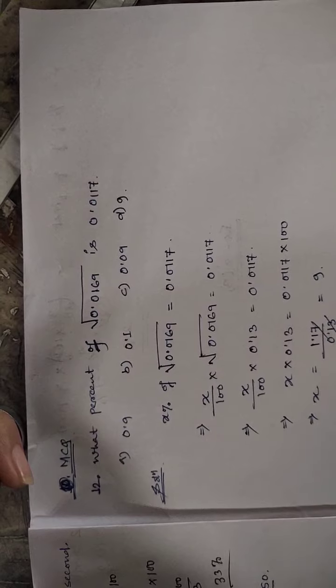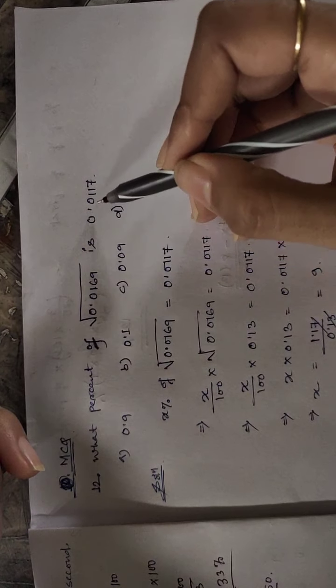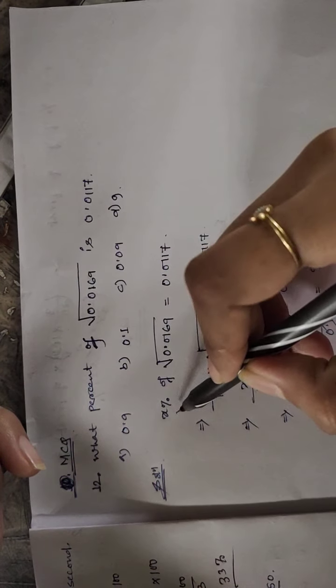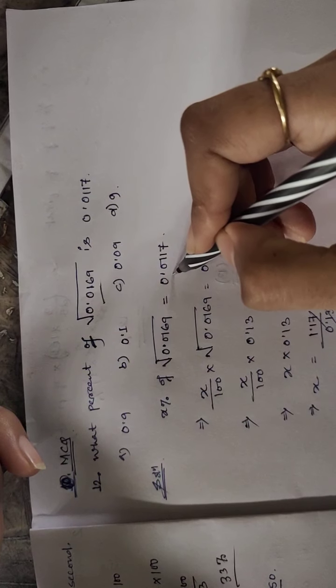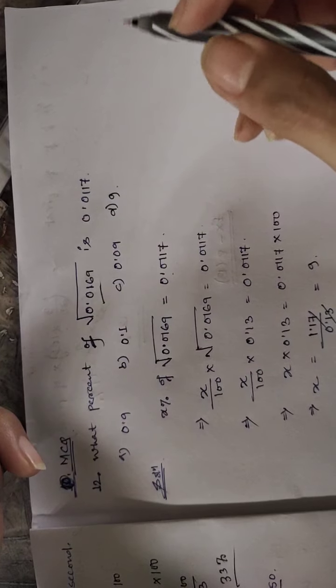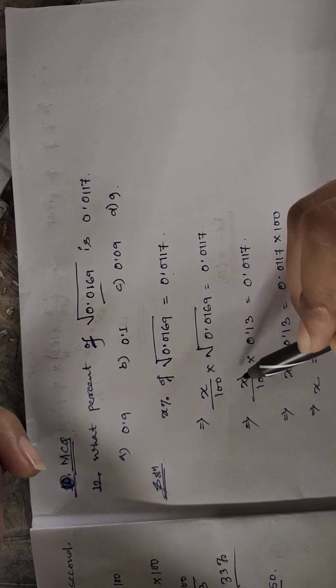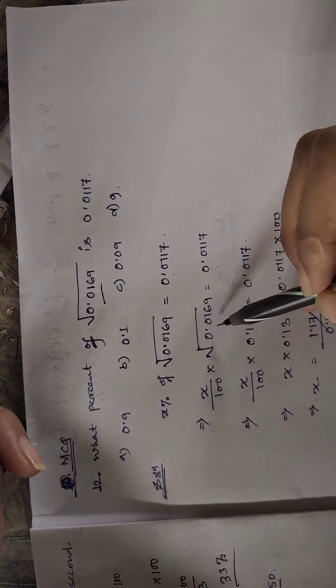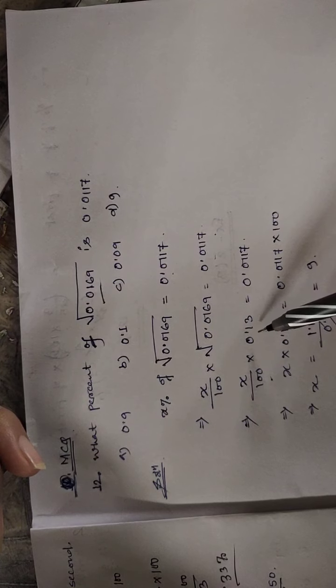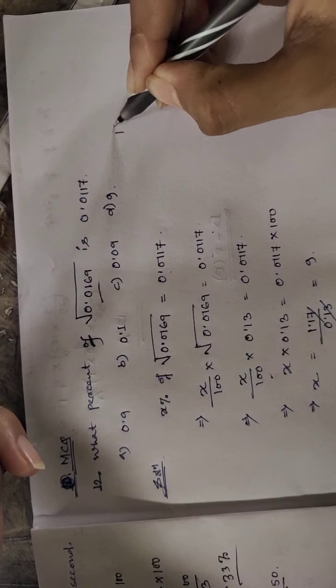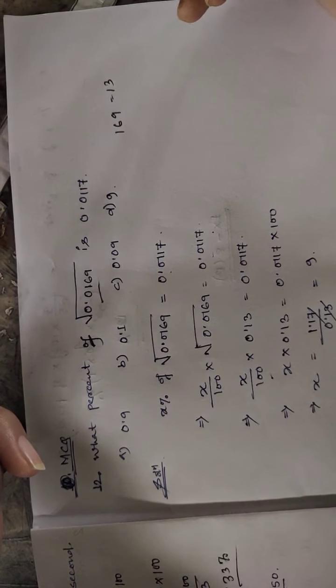Now see the MCQ. What percent of this is this one? I don't know that percentage, so I have written x percent of this is equal to 0.0117. So x by 100 into this one is 117. X by 100 into 169 is equal to 13.